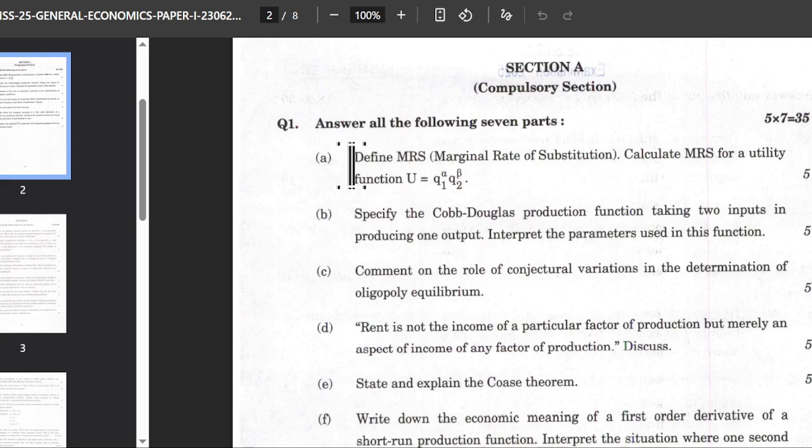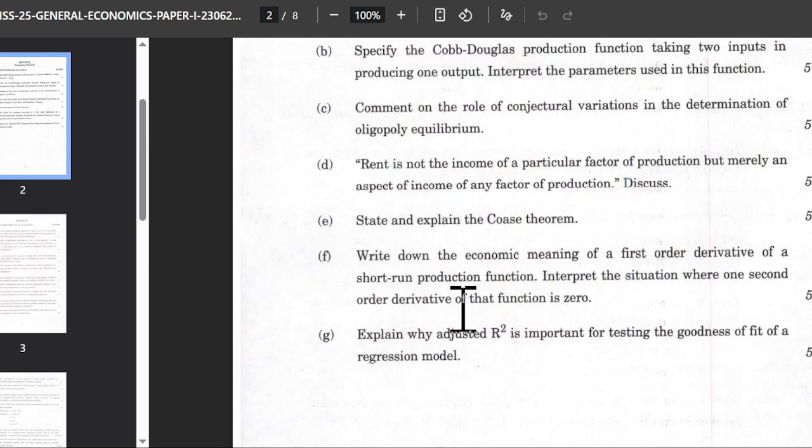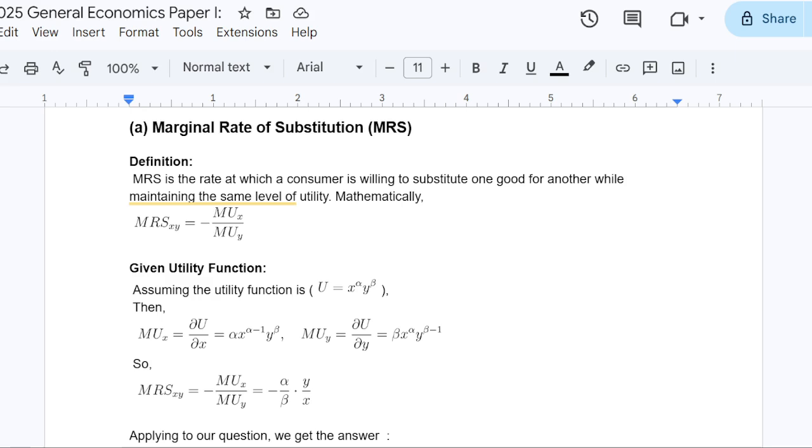We'll do this question, then this question, and then this question. In section A we'll do these three questions and bring this in a series. So all the questions that involve calculation will be answered.